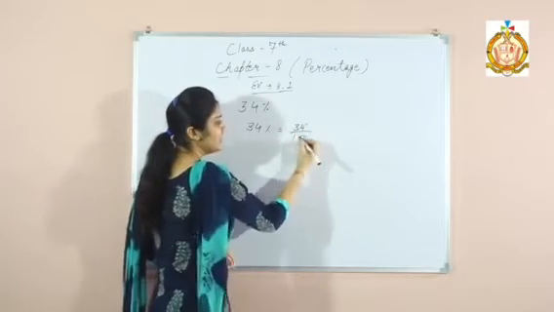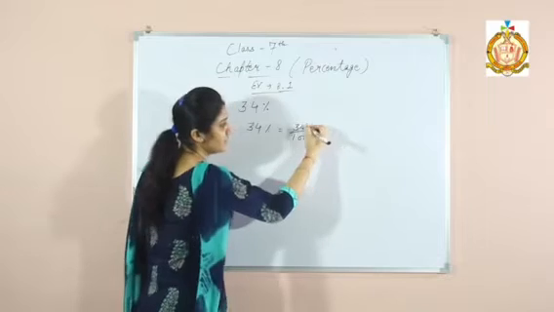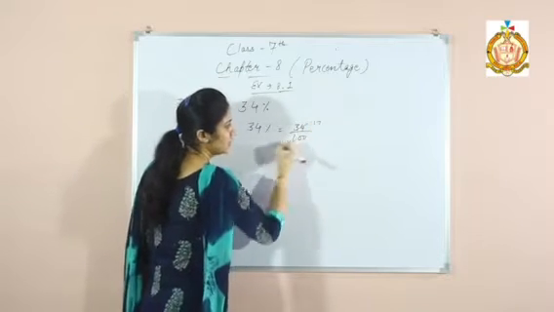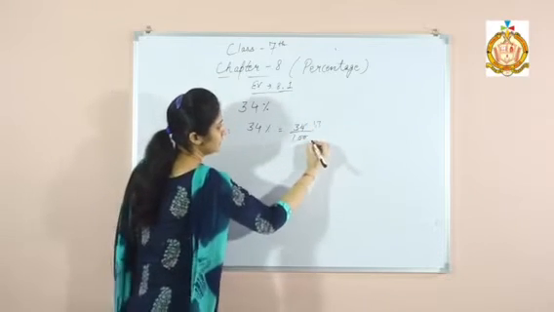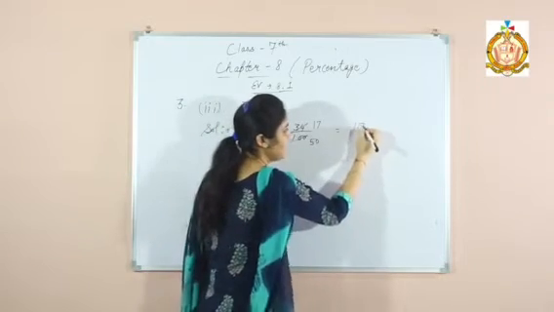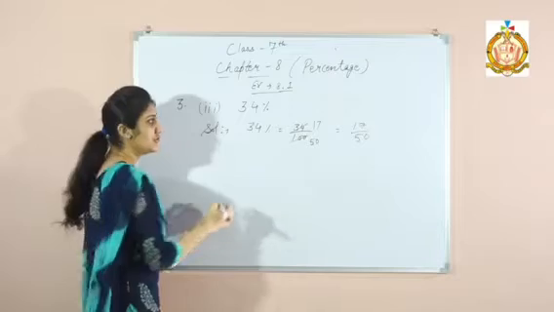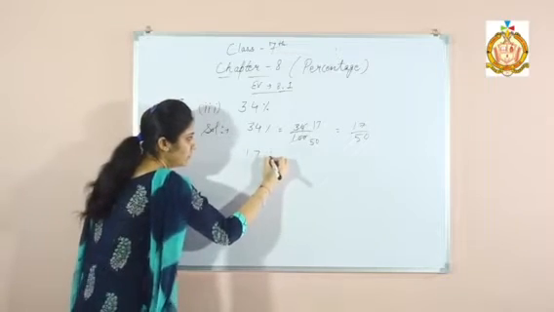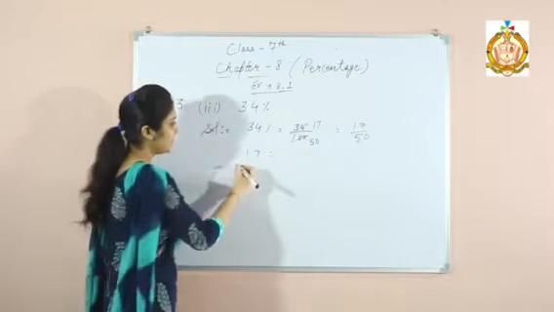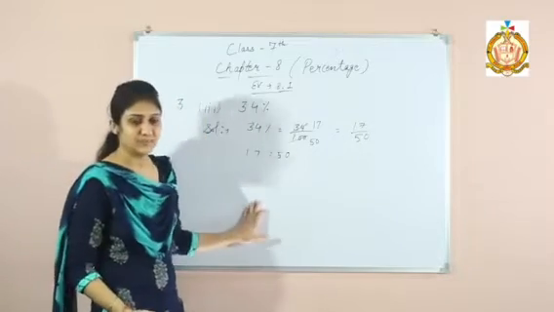You can cancel out the terms on the table of 2. 2 17s are 34. Here 50. So our fraction is 17 upon 50. So we can write it into the ratio, just putting 2 dots here. 17 ratio 50, and that's the answer.